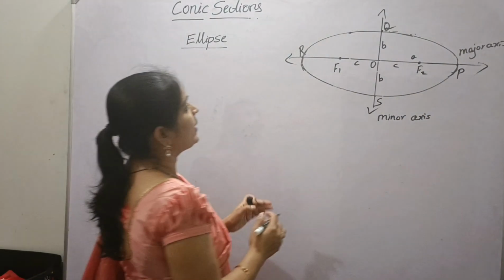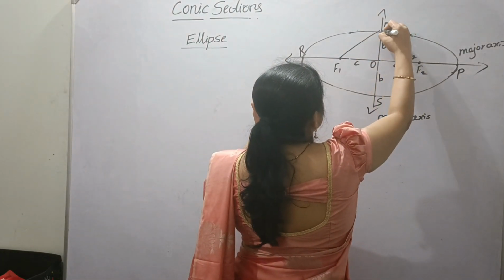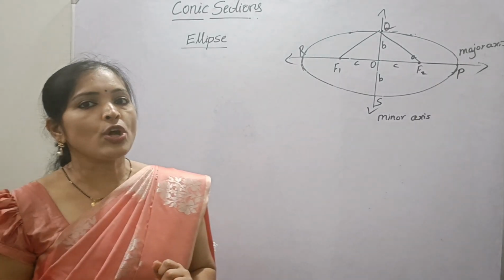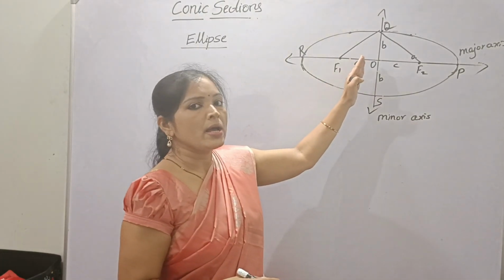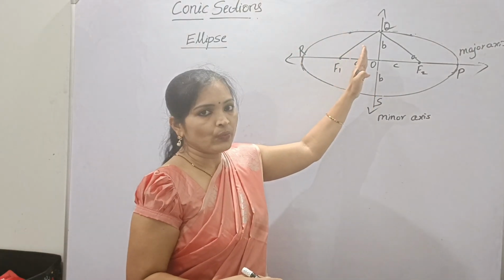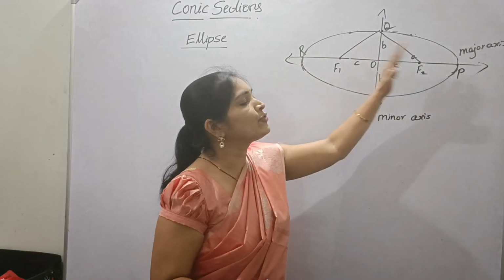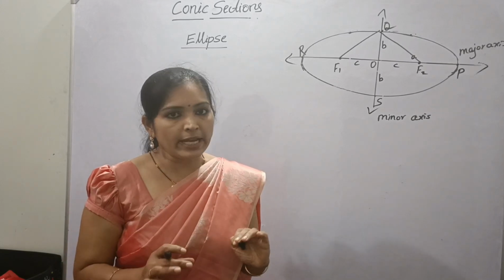Now let us join F1 to Q and F2 to Q. We know that by the definition of ellipse, F1Q plus F2Q is equal to F1P plus F2P. Why? Because P and Q are points on the ellipse, right?